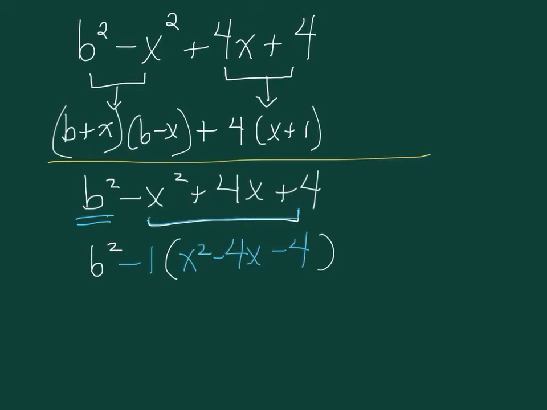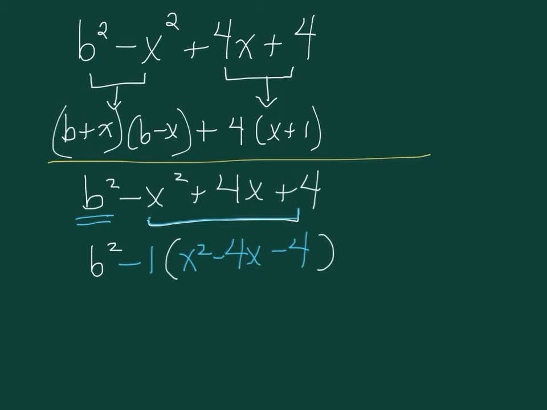Take a look at that and make sure that makes sense to you. Right? Because if I were to go back and if I were to distribute -1 times x squared, I'd get negative x squared. -1 times -4x would give me positive 4x. And -1 times -4 would give me positive 4. So this means the same thing as the line above it.